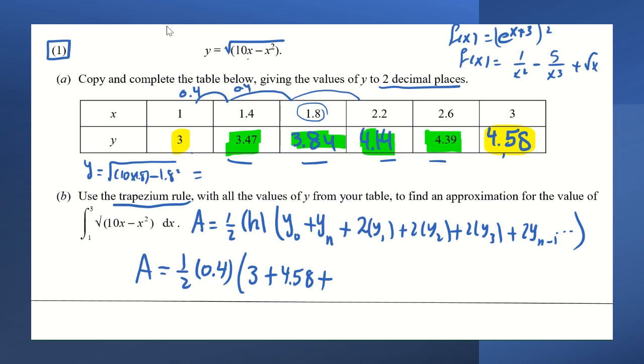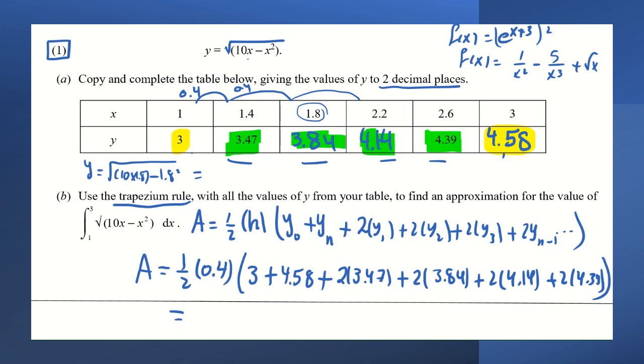So twice 3.47 plus twice 3.84 plus twice 4.14 plus twice 4.39. Add it all in your calculator and check what the answer is. By using my calculator, I figure out that the answer is 7.83 to 2 decimal places, 7.83.